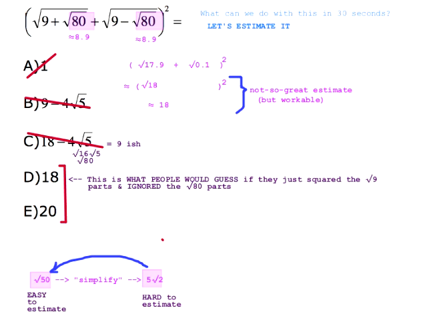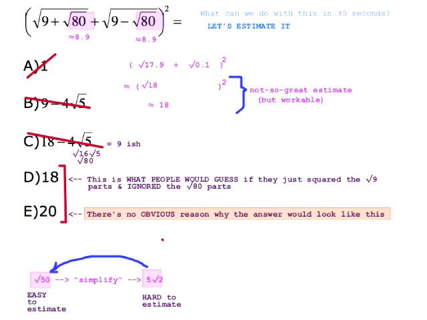On the other hand, the 20, there is absolutely no obvious reason why the answer would look like this at all. Now, this is one of those things that some people never really think about even after months and months and months of studying for this. But what I wrote in front of E is actually what makes E a better guess.